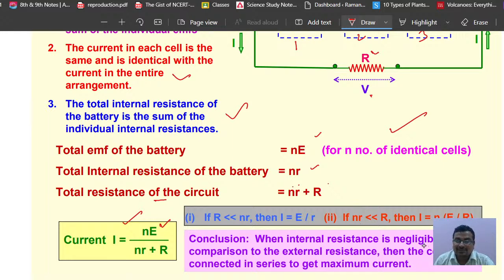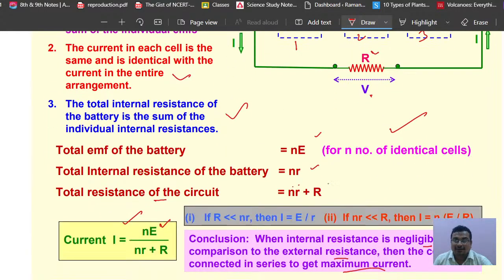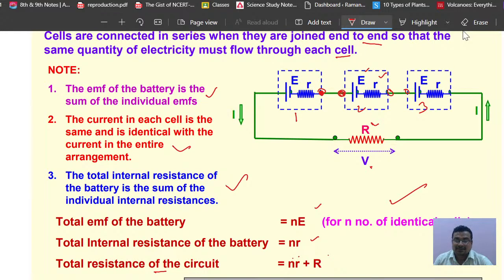The conclusion is, when the internal resistance of a cell is very small, negligible compared to the external resistance, the cells are connected in series to get the maximum current. Here, my dear friends, we have connected the cells in series. The cells have internal resistance, and in the circuit there is an external resistance.